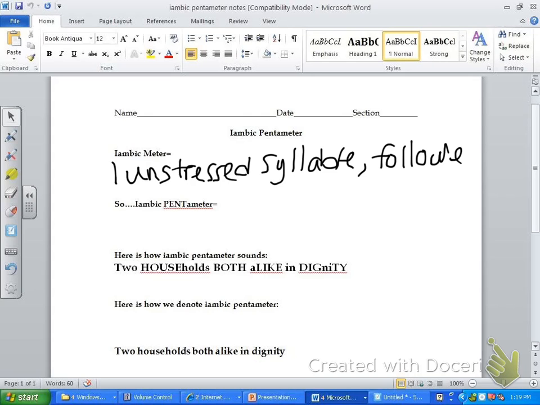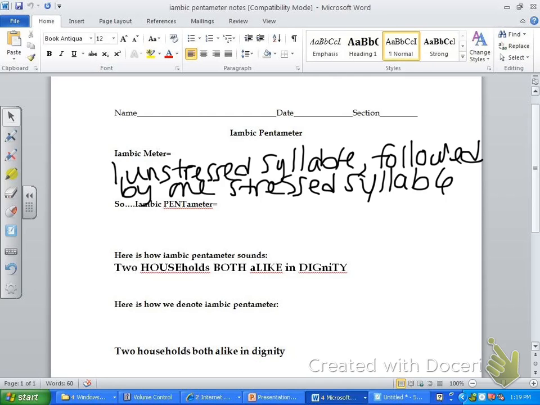That's confusing. Yep, I'm going to explain it. The idea of a unit of iambic meter, sometimes we call that an iambic foot, or an iamb for short, is one unstressed syllable followed by one stressed syllable.